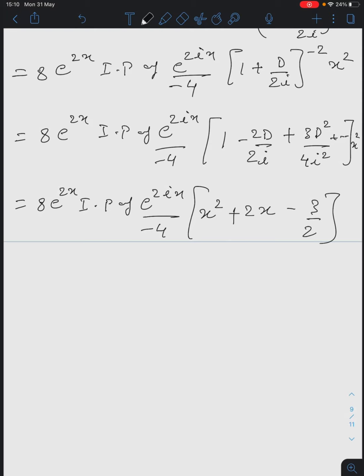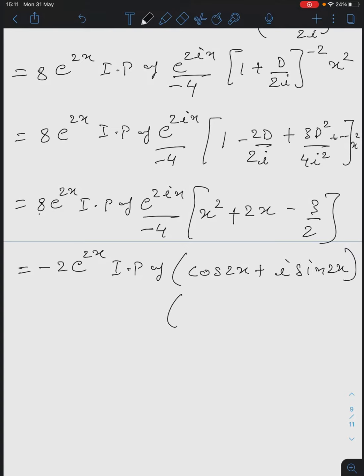Yes, ma'am. Now let us further simplify. Minus 4 and this 8 I can cancel and write it as minus 2e to the power 2x, because that is just a constant. And this will be imaginary part of, now I'll write e to the power 2ix as cos 2x plus i sin 2x.